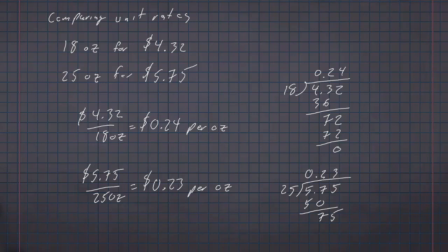You save 1 penny per ounce by buying the larger bottle, which doesn't seem like a lot at first, and might not be a lot depending on how much of this particular product you're buying.